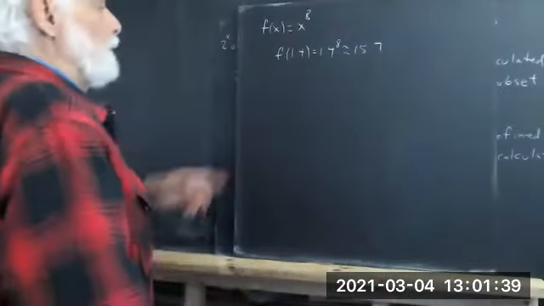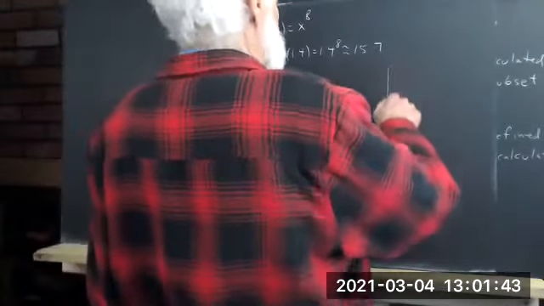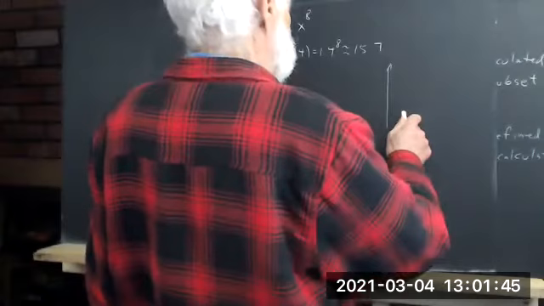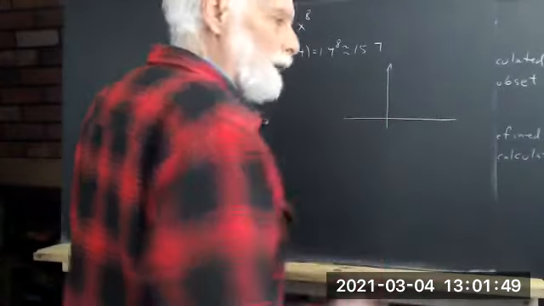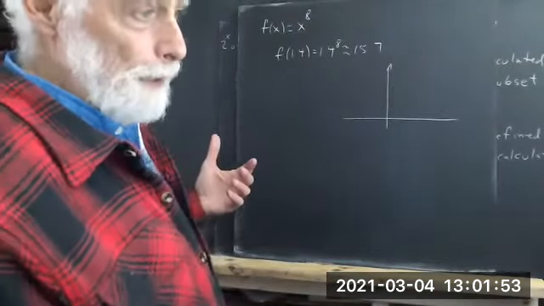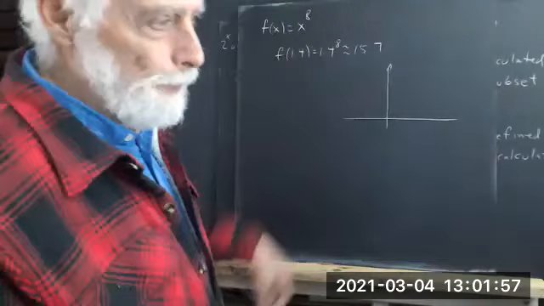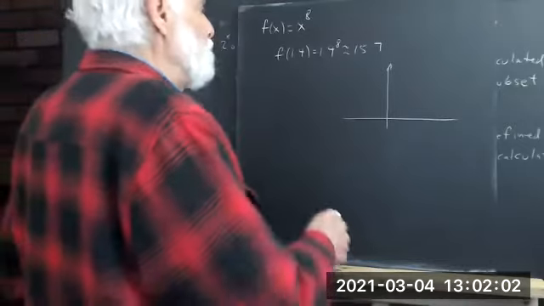Okay. Well, the meaning of this for the graph is, now, I'm not asking you to graph x to the 8th power. However, it wouldn't hurt to throw something up on the graph just so you have something to refer to.